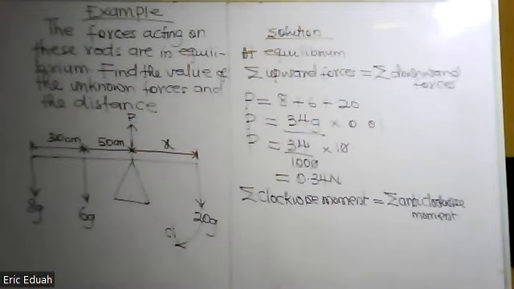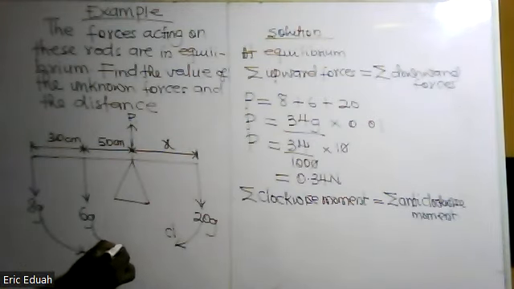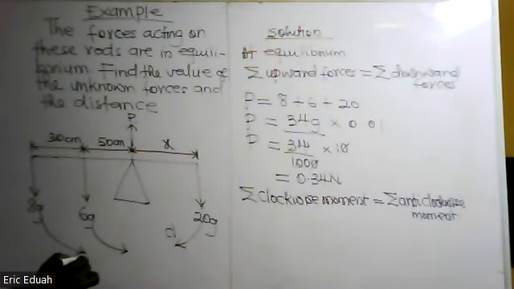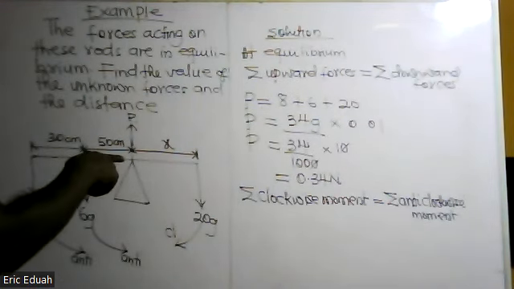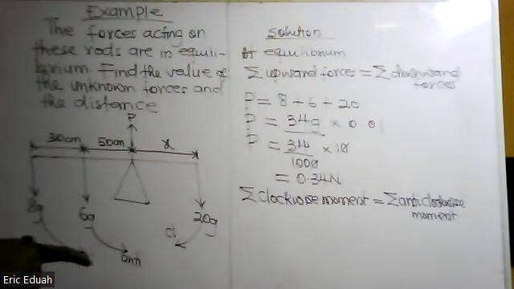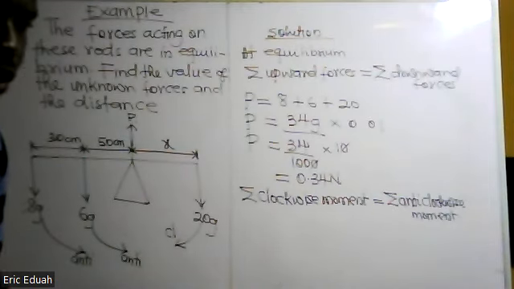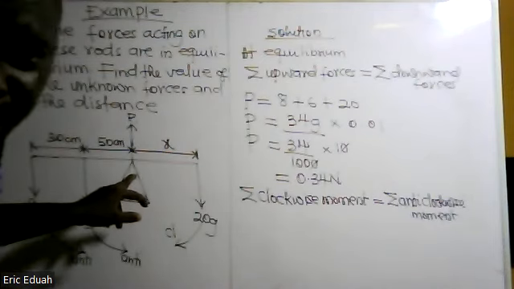Then the 8 gram and the 6 gram would be anti-clockwise. This will turn in this direction, so will the 6 gram. Now, if a force is directly on the pivot, it will give no turning effect. So P will produce no turning effect because the perpendicular distance to the pivot is 0.